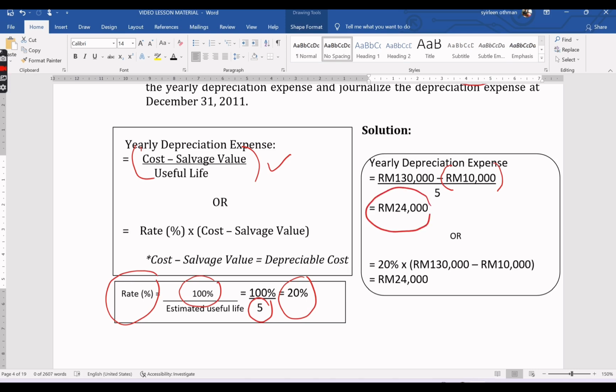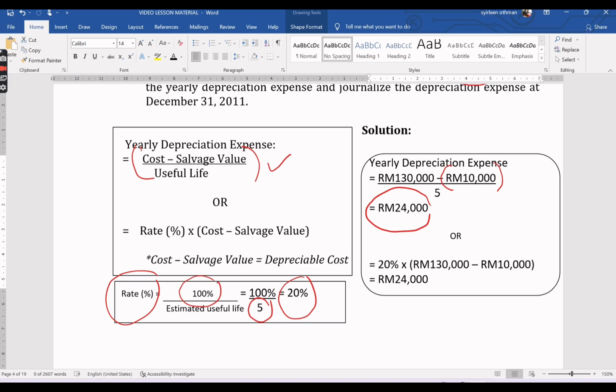Since this is straight line, that means the amount will only be calculated once, because this will be the depreciation expense for this particular asset for the whole 5 years of useful life.